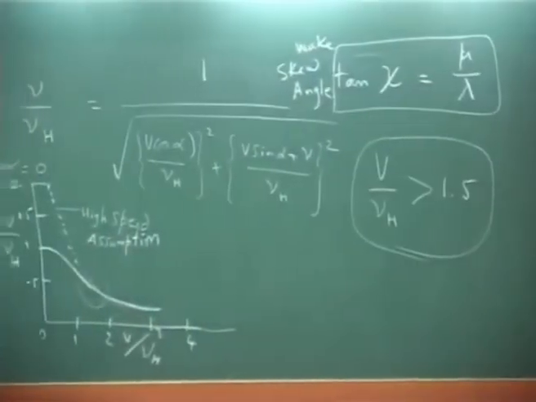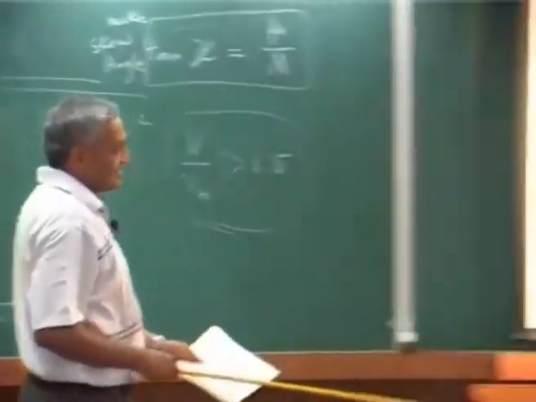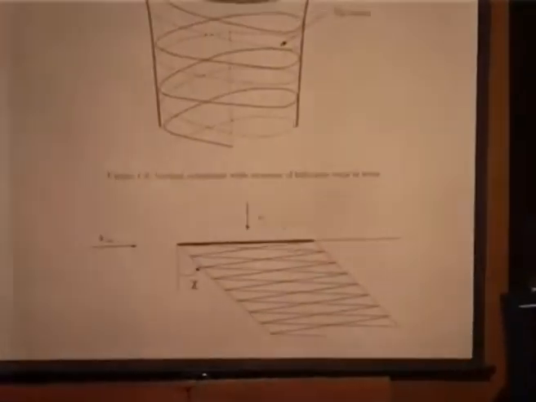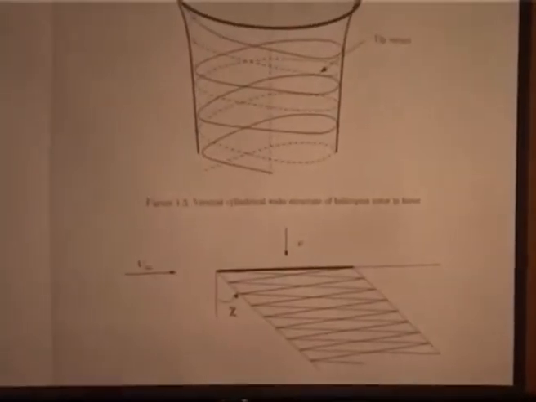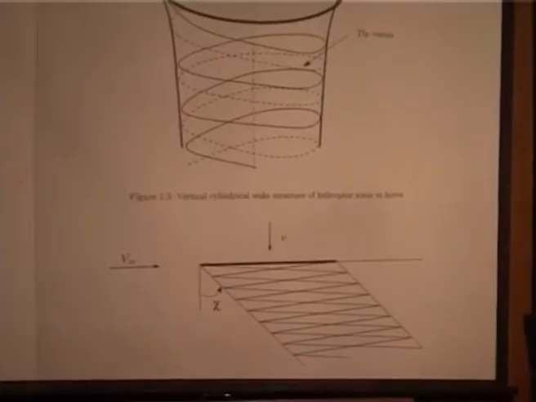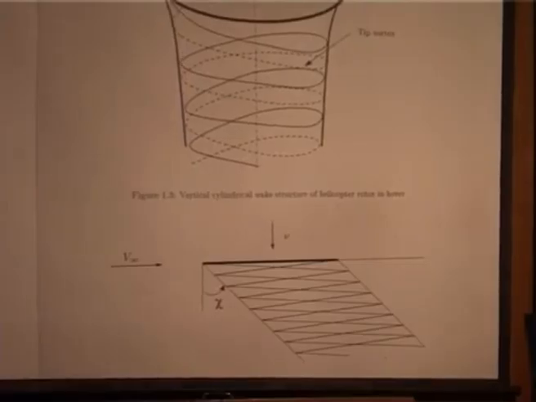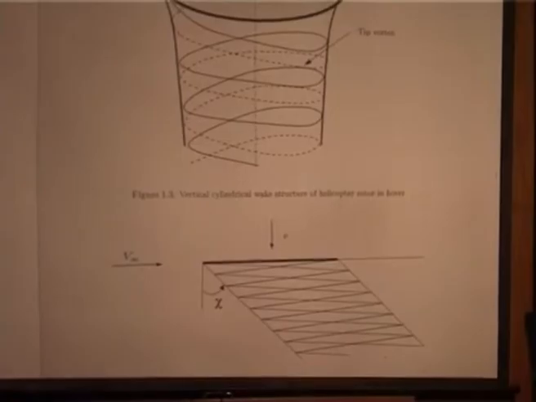When mu is very large, the wake is swept and this angle is almost 90 degrees. Okay. If you go around advance ratio 0.1, then that angle is close to around 60 degrees. Okay. So, in the range of 0 to 60, that is the transition.